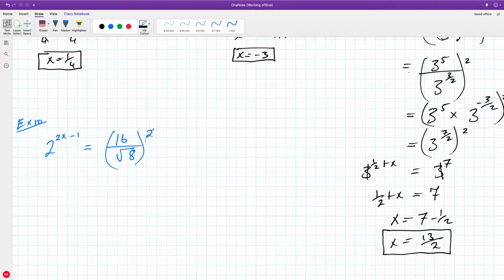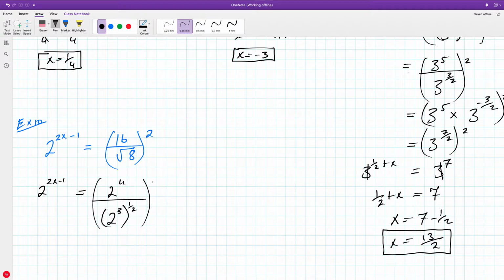So, 2 to the power of 2x minus 1, no need to change it. 16 becomes 2 to the power of 4, is it? 2 to the power of 4 over 2 to the power of 3 to the power of a half, all to be squared. Work with the right hand side.